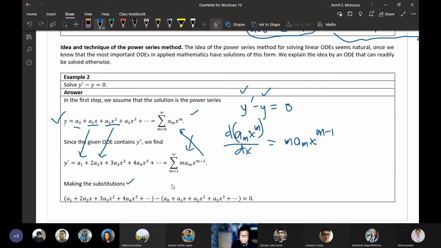So you substitute now this y prime, which is a1 plus 2a2x plus 3a3x squared plus 4a4 x cubed and so on. And then you also substitute y here. So this is y prime minus y equals 0. So you substitute the series for y prime and the series for y. Okay? Nasusundan pa ako?